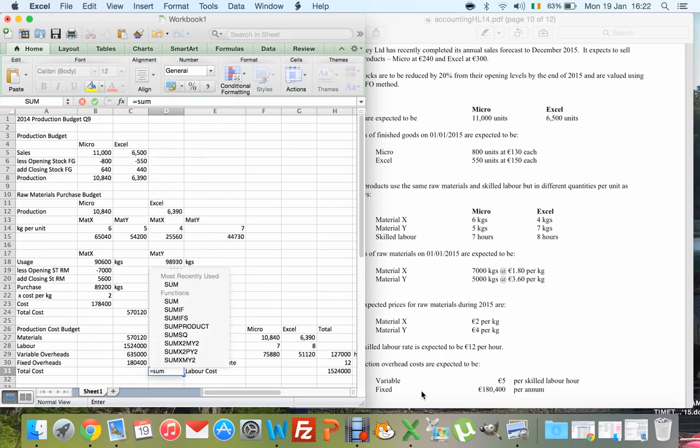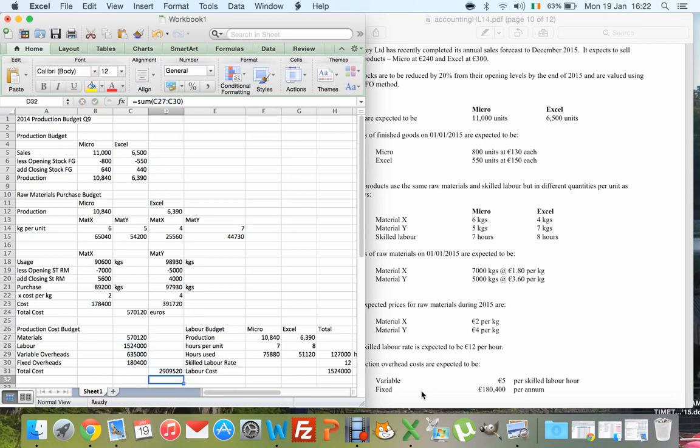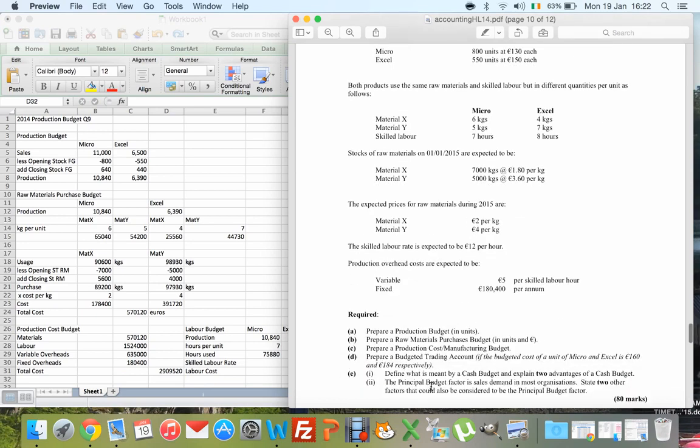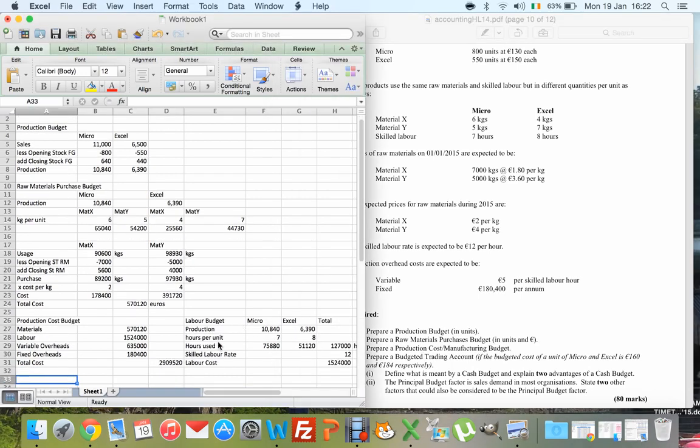So I add up my 4 different costs. Okay. The next thing we're asked to do, just down the bottom of the question, we've done A, B, and C now. Prepare a budgeted trading account. Okay. So if we just do the layout of a budget trading account.